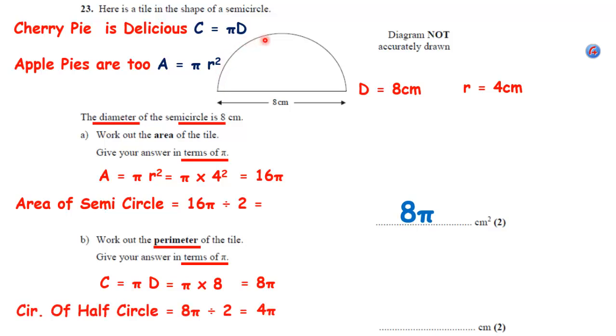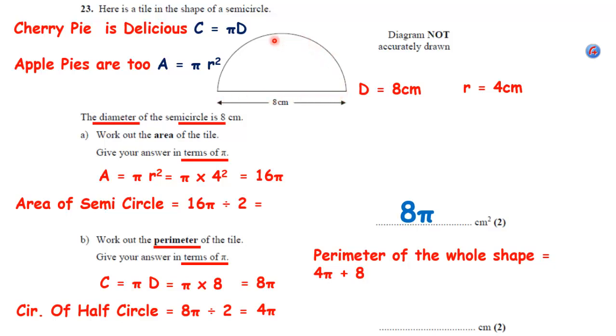So remember, follow this little pointer. The distance around this bit here is 4 pi. I need to add on this 8. So the perimeter of the whole shape is going to be 4 pi plus 8.